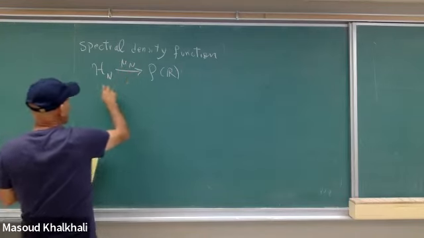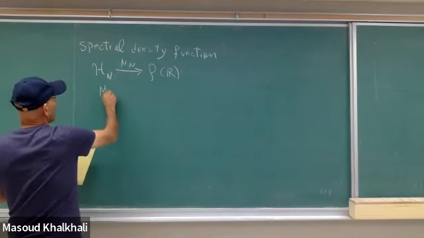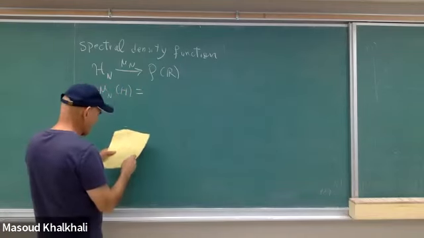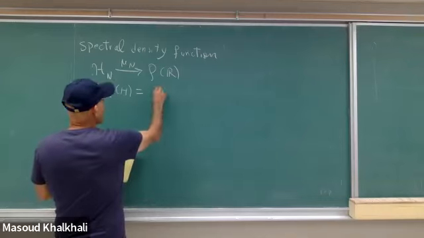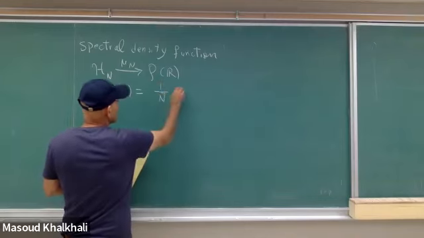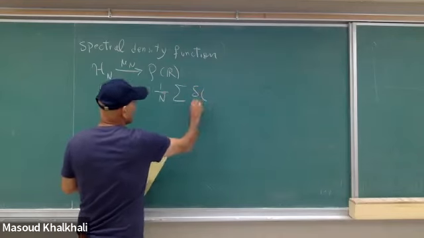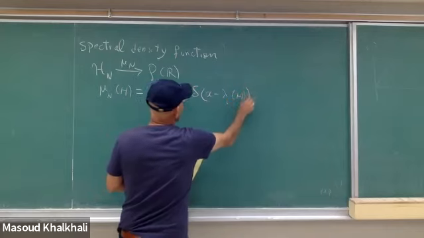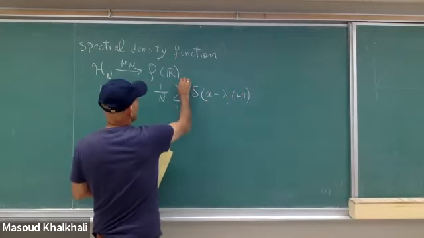So what is it? Basically, mu n of some Hermitian matrix H, a totally deterministic map, is given by 1 over n times the sum of delta functions of x minus lambda i of H, i from 1 to n.